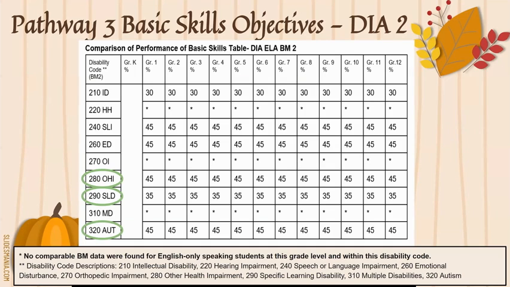And now if we look at the same example of OHI, other health impaired, which is a 280, the target would no longer be 40% on DIA2, the target would be 45%. So just a bit higher in DIA2 compared to DIA1.